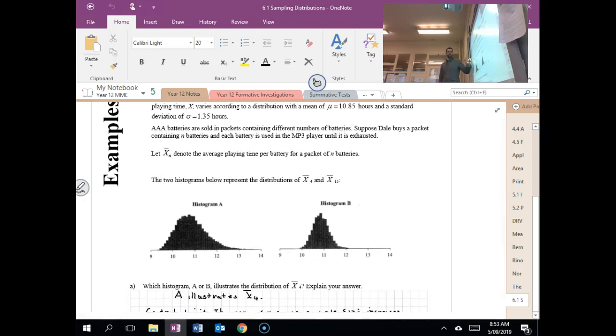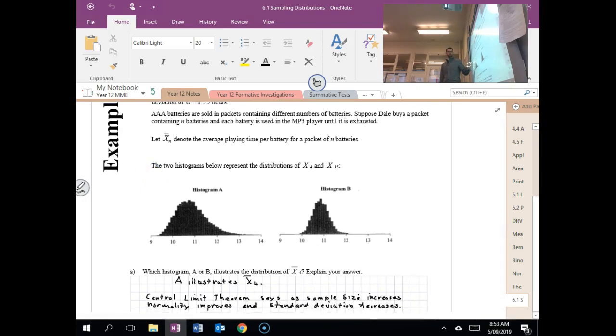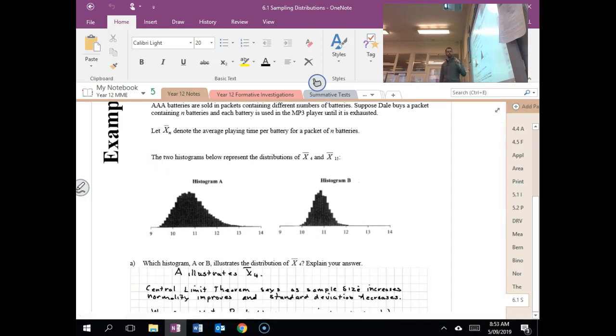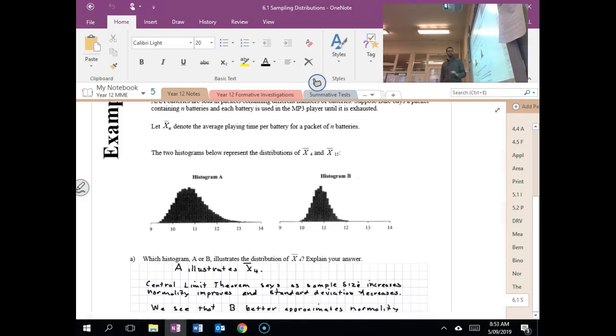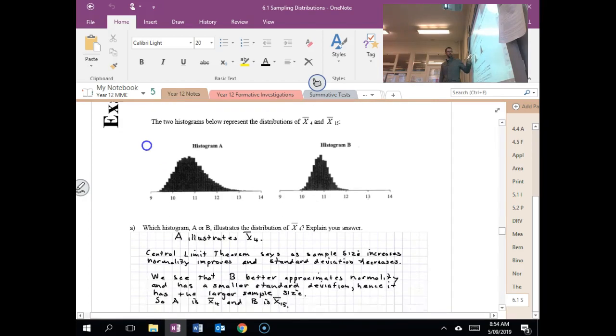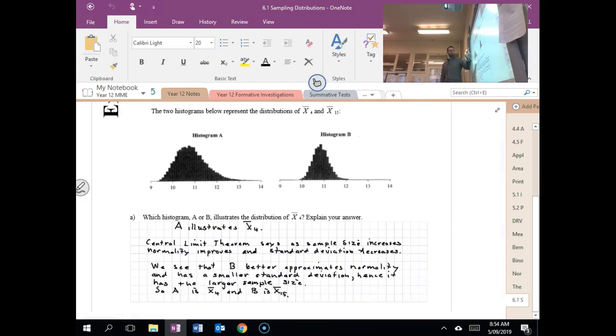They're sold in packets containing a different number of batteries. Suppose he buys a packet containing n batteries and each battery is used in the MP3 player until it's exhausted. Then they show us two histograms below representing the distribution of the means of samples of 4 and the means of samples of 15.